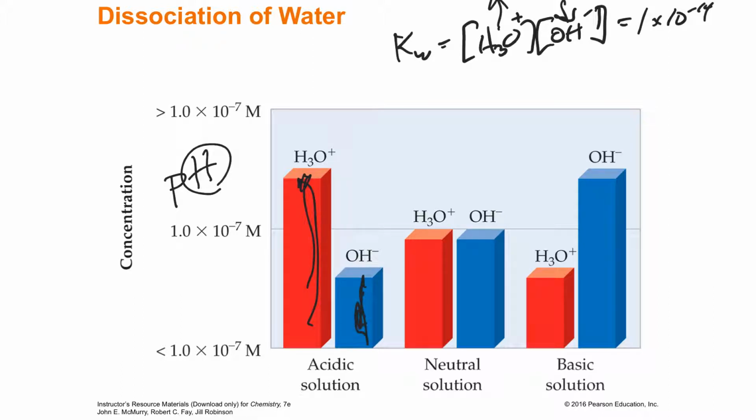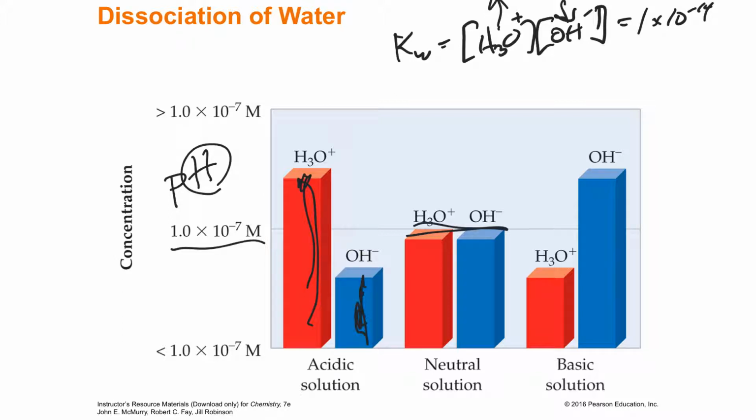If you have them canceled out, which is going to be 1 times 10 to the negative 7 for each, well, that's a pH of 7, neutral. A pH of 7 would be like water. Water has a pH of 7 because when it breaks apart into hydroxides and hydroniums, it's a 1-to-1 relationship. They cancel each other out, and it's neutral.